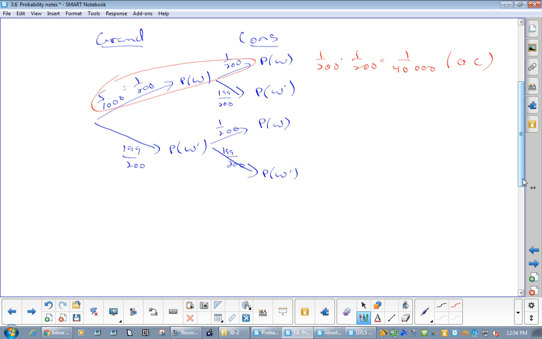No, sorry, for winning the grand prize and losing the consolation, it is 1 over 200 times 199 over 200, which is 199 over 40,000. So that's grand and not consolation.